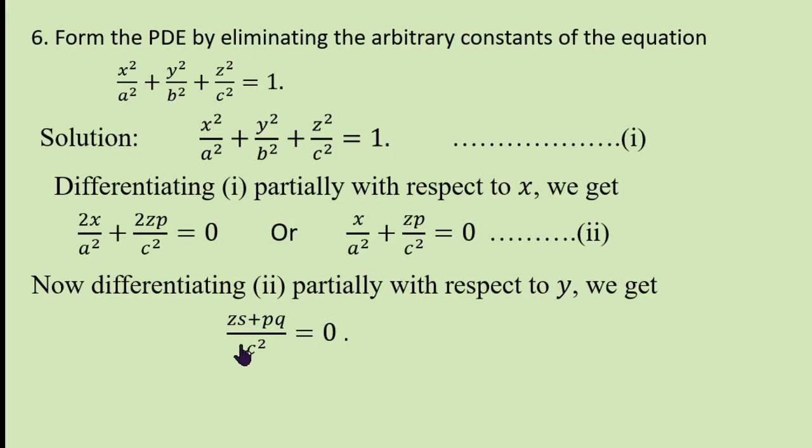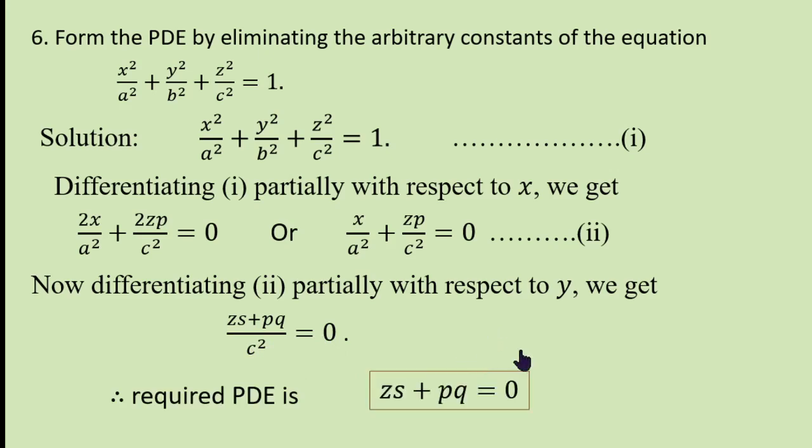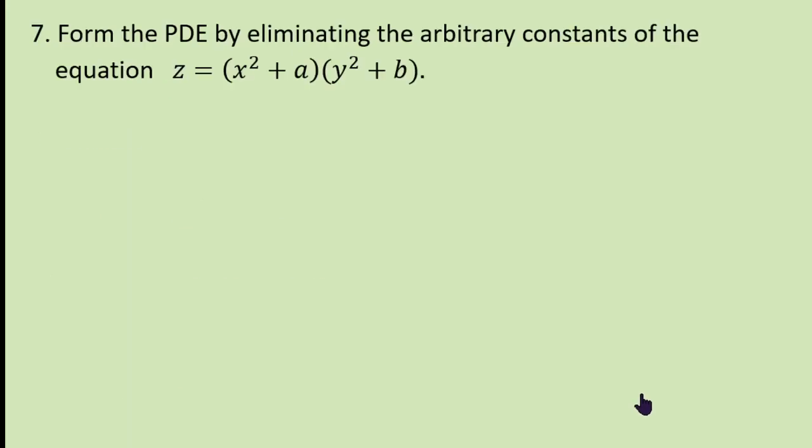By rearranging, 0 into c² is 0, therefore zs + pq = 0. That is the required PDE. z into s, where s means ∂²z/∂x∂y, plus p, which means ∂z/∂x, times q, which is ∂z/∂y, equal to 0. So this is the required PDE.